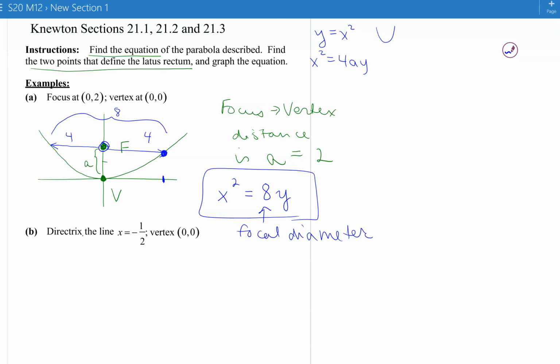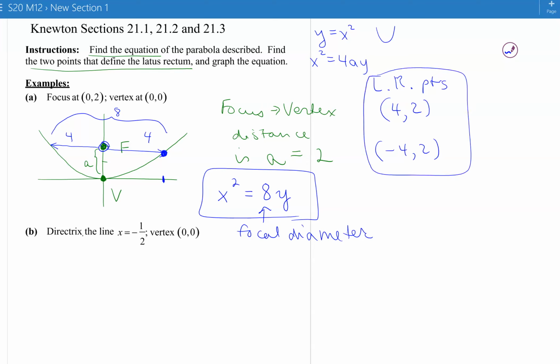I went to the right 4 and up 2, so 4, 2. Then I went to the left 4 and up 2, so negative 4, 2. And you can abbreviate this LR points, latus rectum points. So here's my equation and my 2 points that define the latus rectum. And we graphed the equation.